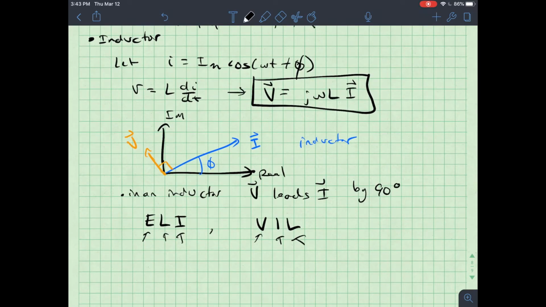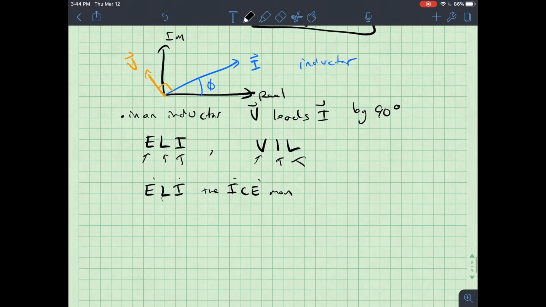So I can put those mnemonic devices together. I've got two options. The first one is ELI the Iceman. If I can remember ELI the Iceman, I know how voltage and current are related in an inductor and how current and voltage are related in a capacitor. The second mnemonic device is CIVIL.